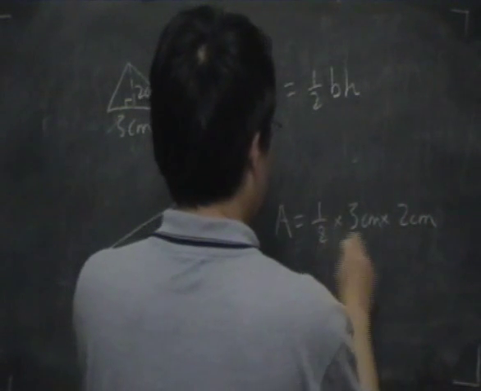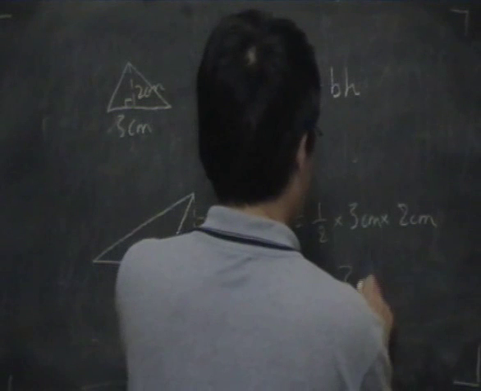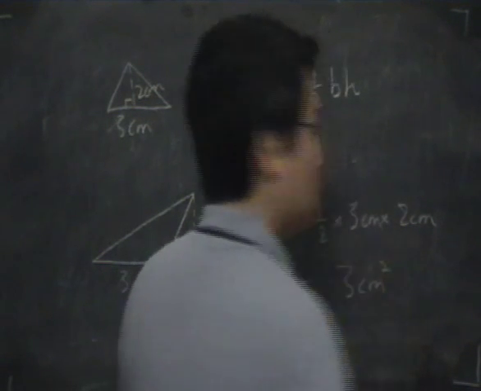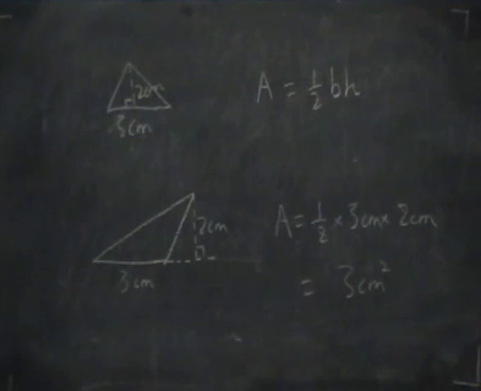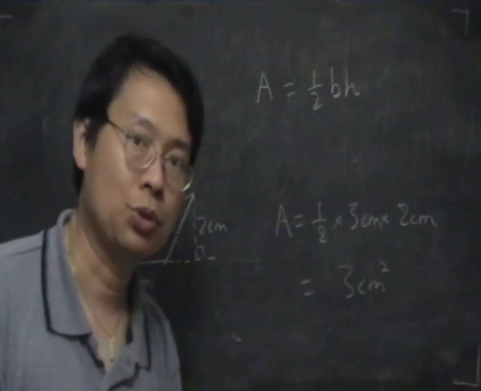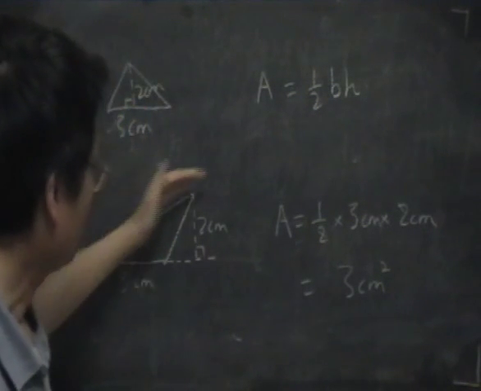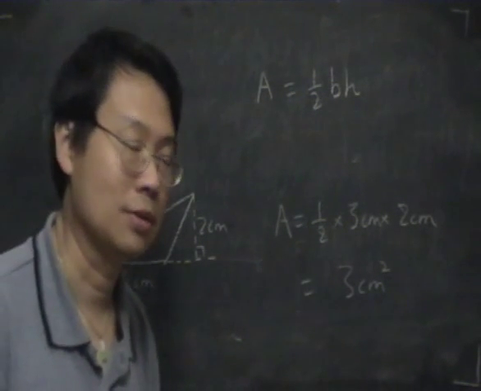So the answer is 3 centimeters squared. So that's the special case for a triangle, for a very slanted triangle.